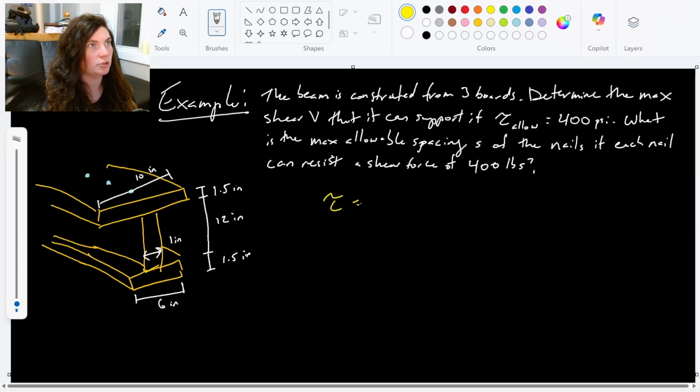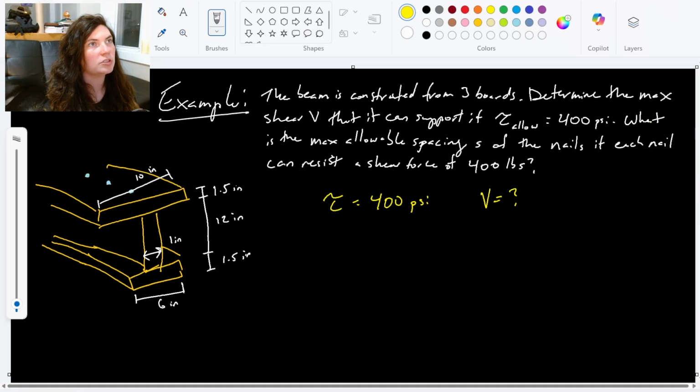So my allowable shear stress is 400 psi. We have these 3 boards. We're given the cross section over here on the left. And we want to find V. We don't know what V is, right? We don't know what the shear is. We know shear stress. We don't know the shear. And we're only given the cross section, no beam loading or anything, just the cross section.